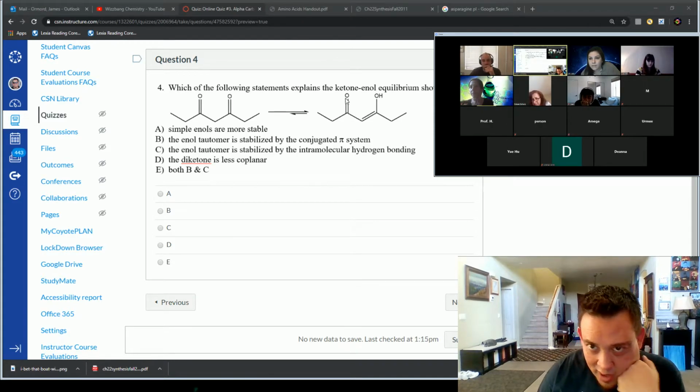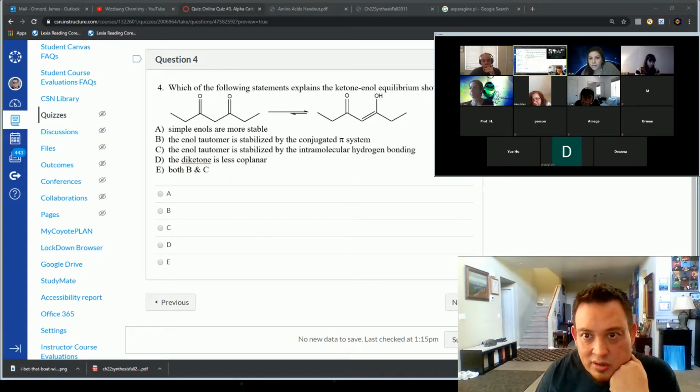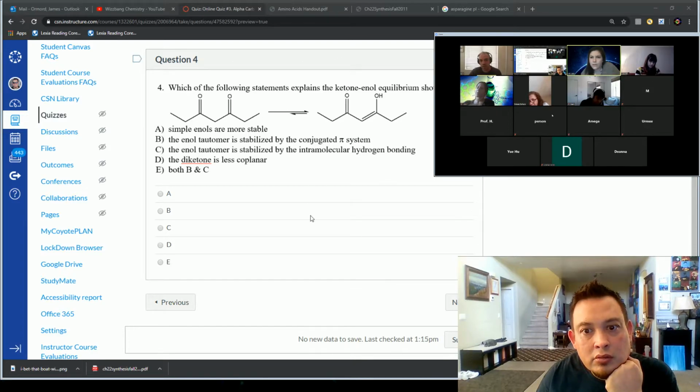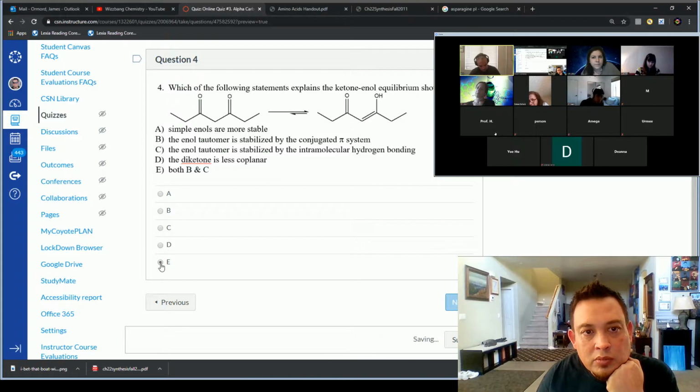Yeah, I've seen drawings of this where they show this H right here. I'm not sure if you see my mouse at all, but it comes over this way, and then you can have H bonding with the oxygen, because the hydrogen is partially positive. So you can get intramolecular H bonding in this compound. I think we put that in the notes too, maybe in Hammond's notes.